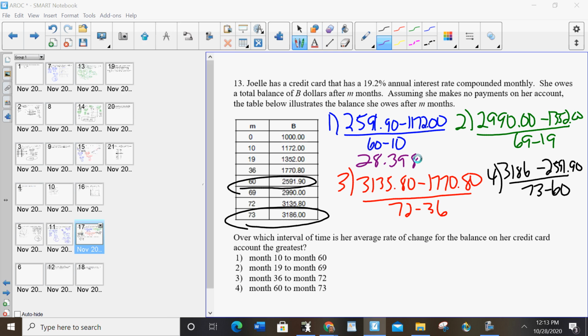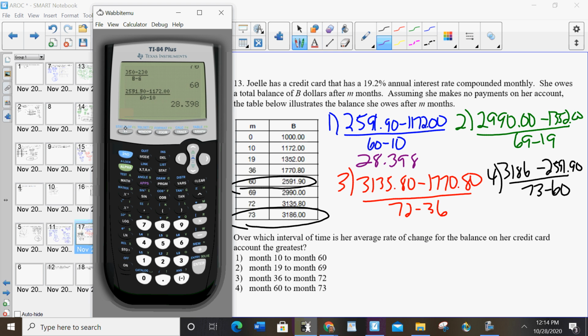Choice 2, 2990 minus 1352 over 69 minus 19. Again, I want that as a decimal, so I could hit math 2, 32.76.